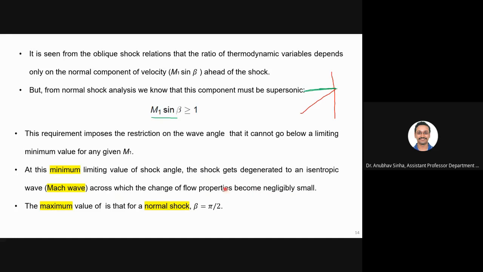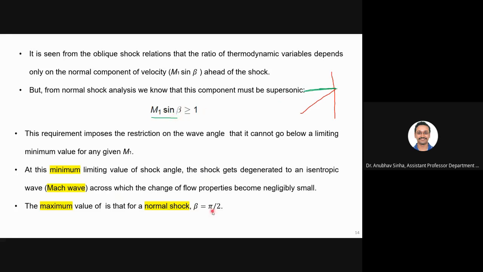But for the maximum value, beta is equal to pi by 2. So what will be sine beta for that? Sine pi by 2 is how much? 1. So when sine beta is 1, it means that M1 is more than or equal to 1, and beta is the angle.